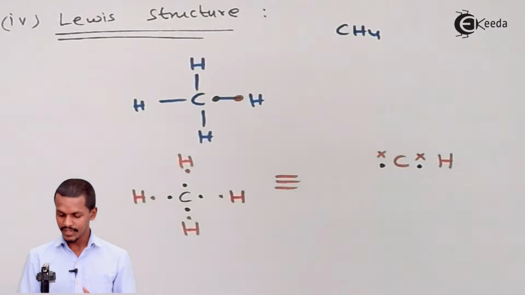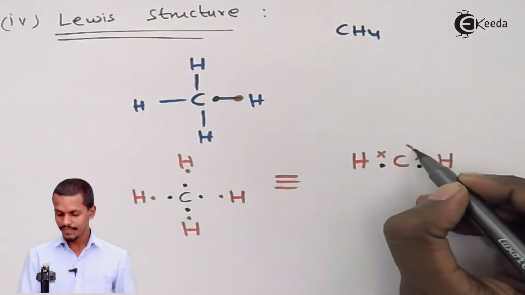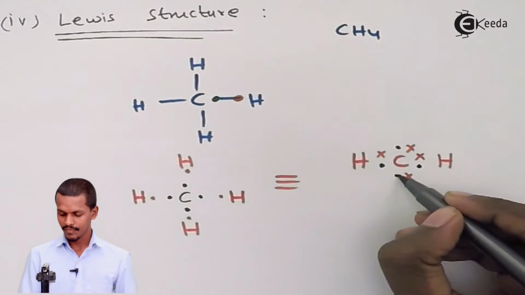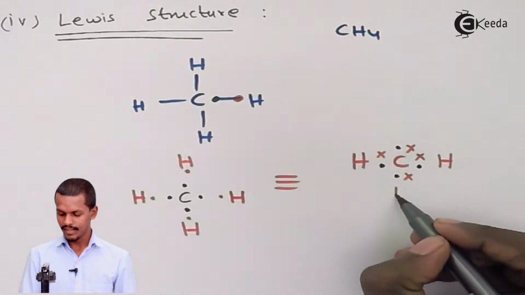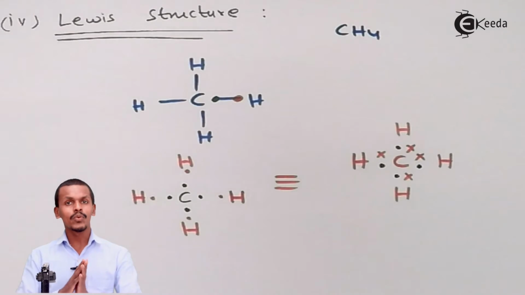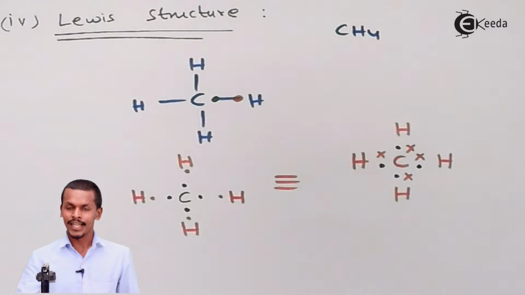Here it is the hydrogen atom, and here also I could represent it the same way. So this is the Lewis structure formula that I have represented for methane. Similarly, we could draw the Lewis structure or Lewis formula for every kind of organic compound.